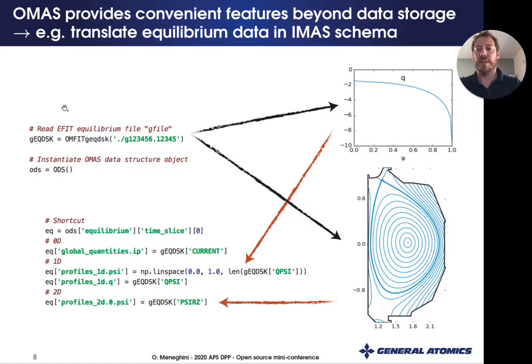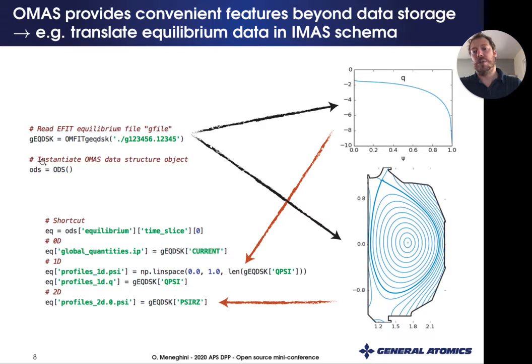So here we read a legacy format like a GEQDSK file that most of you would be familiar with. This format contains a lot of data, among which there is the safety factor of our discharge, as well as the information about the poloidal flux in a tokamak equilibrium.